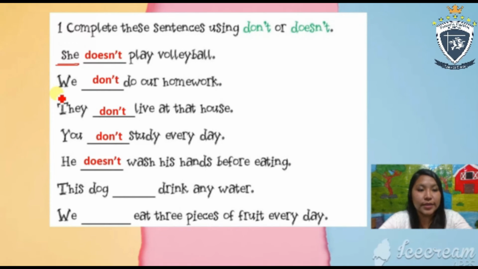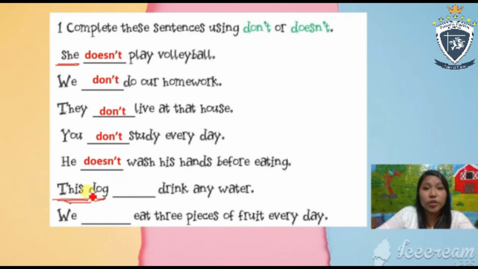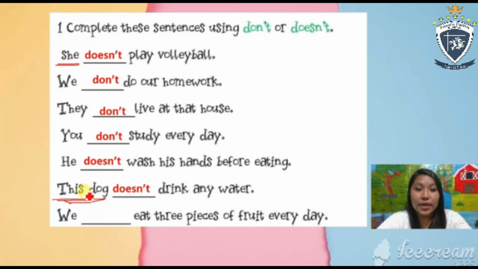Excellent. Now, here we have this dog. We're talking about an animal, okay? This dog. Don't or doesn't? What do you think? This dog doesn't drink any water. We are talking about a pet, an animal, and which is the pronoun that refers to animals, to things? It, yes.